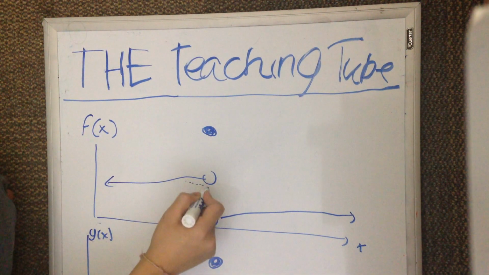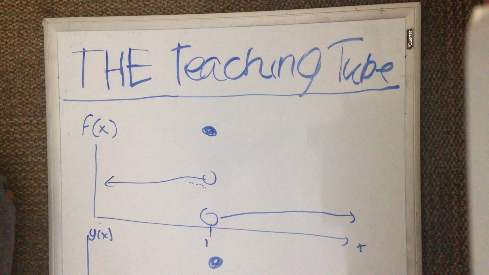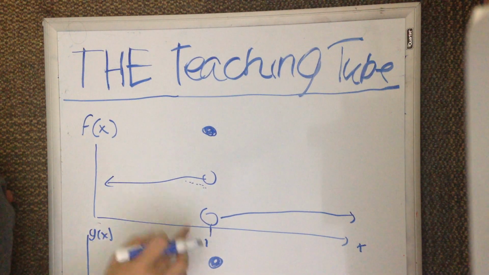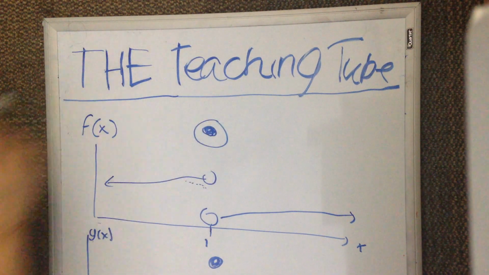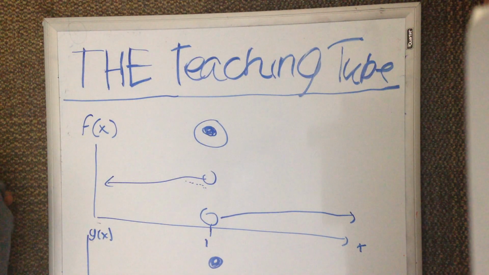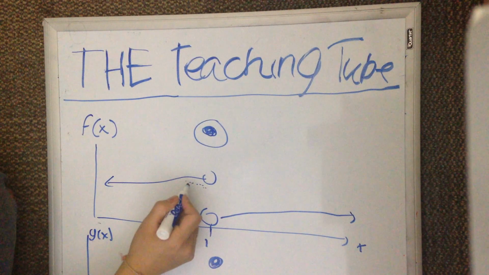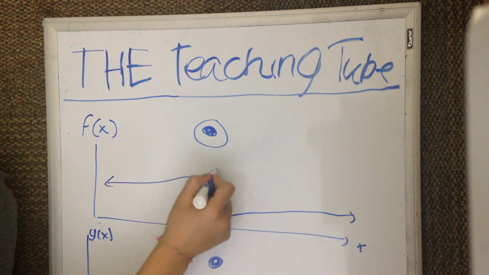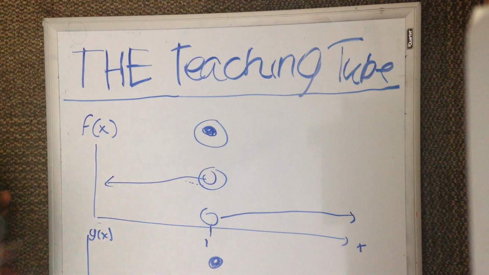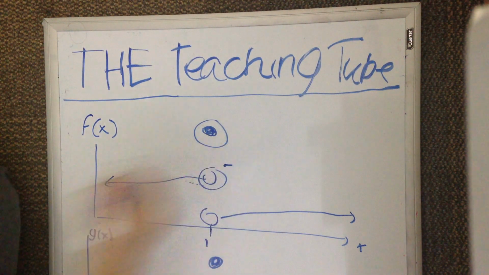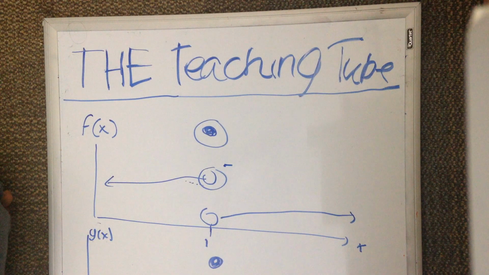Obviously the limit of f of x at 1 from the negative side is not this value. This is the actual value of f of x. But what the limit tells us is if we walk along this line, we're going to get to this value right here from the negative side. So I'll just put a little negative here. Negative limit.